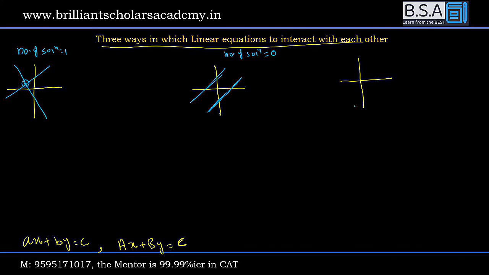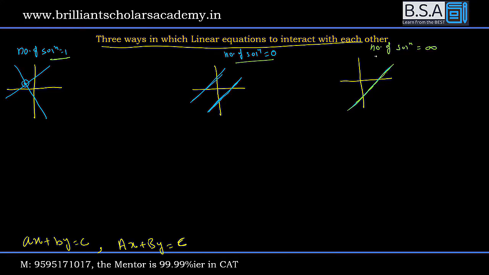Third possibility is, by mistake, you have written the same equation, or you have drawn it. See, the blue one is equation 1, and the green one overlaps it perfectly, overshadows it like this. So every point is a solution. So number of solutions are infinite. So who determines whether I will have a unique solution, no solution, or infinite solutions?